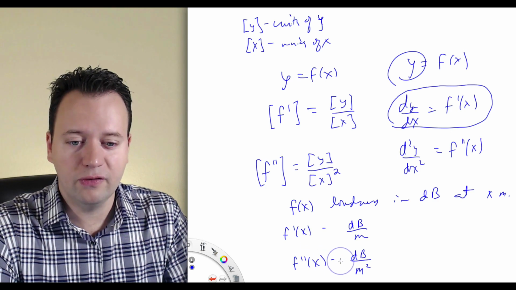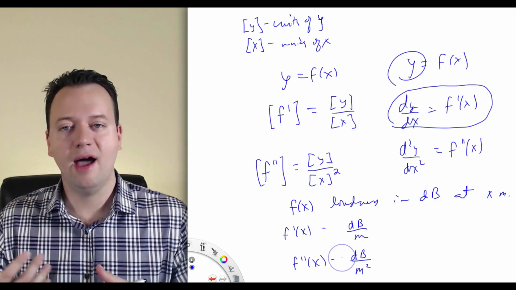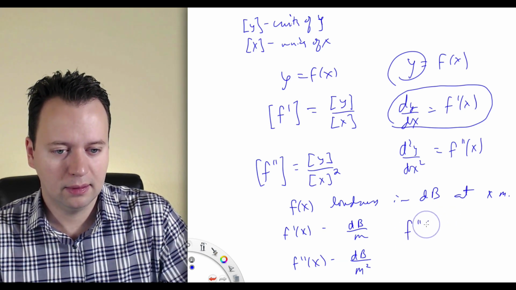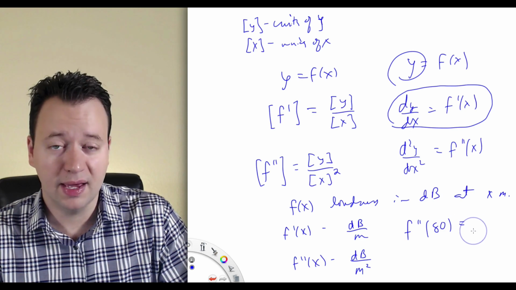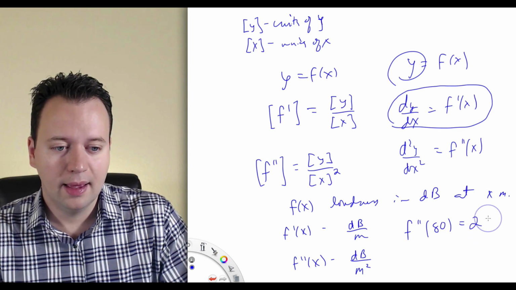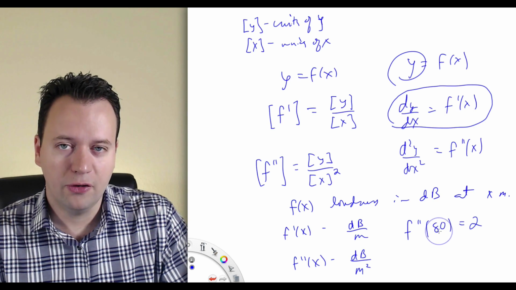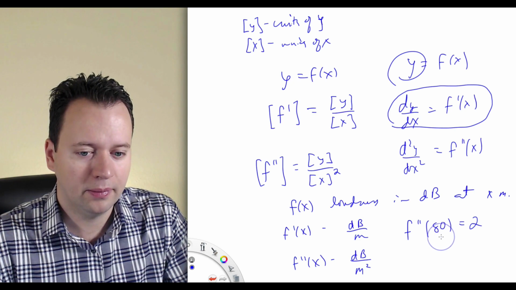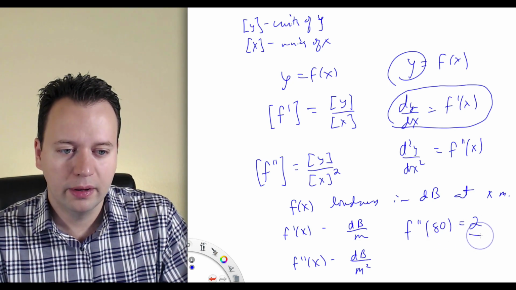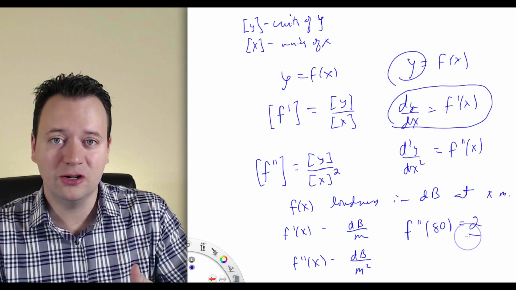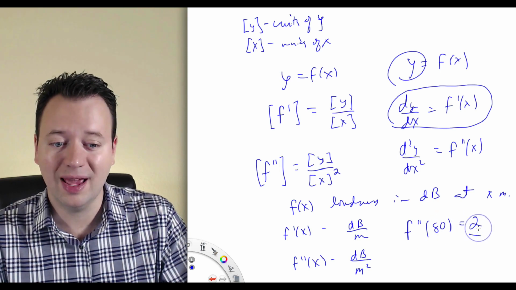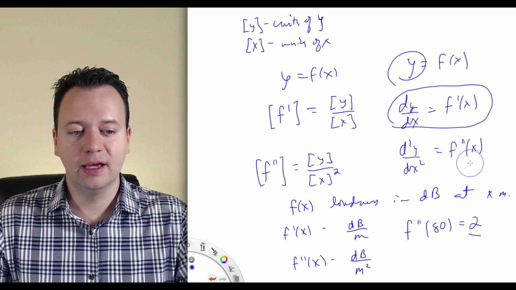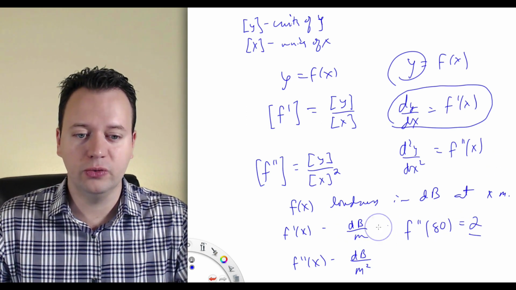If I say, just making something up, that f double prime at 80 is 2, that would mean that if you're 80 meters away from the source of the sound and you increase your distance by an additional meter, the rate of change would change by 2 decibels per meter.